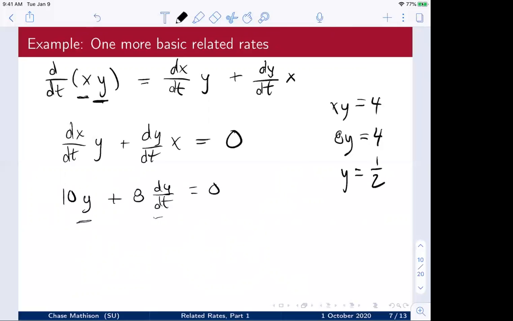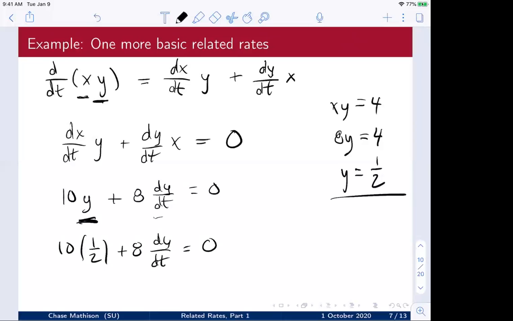But that's exactly the case we're looking at right now. So I'm plugging y equals 1/2 in right here. So I get 10 times 1/2 plus 8 dy dt is equal to 0. And now I can just solve for dy dt.